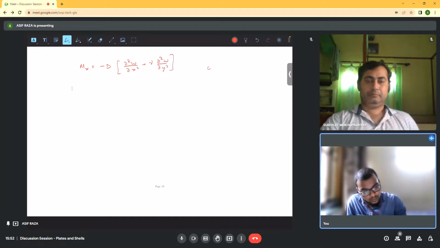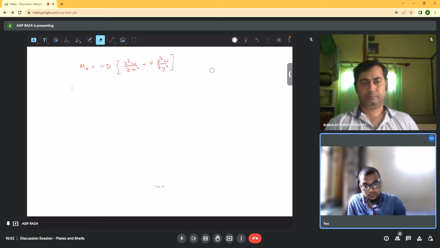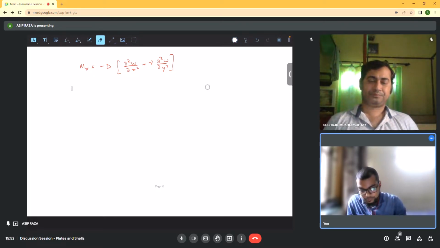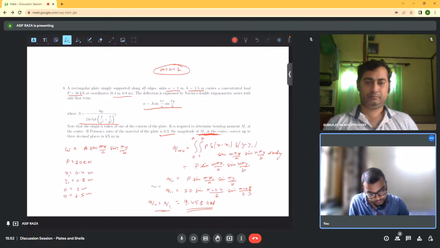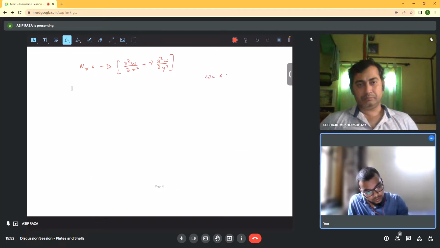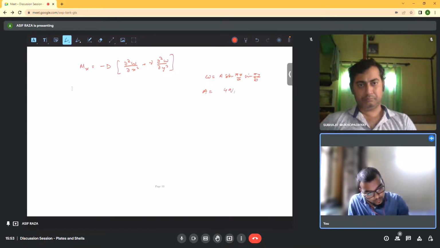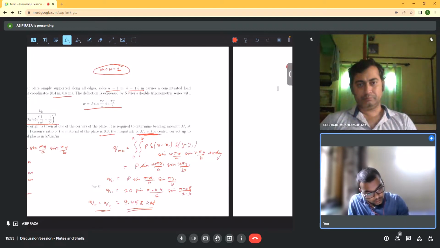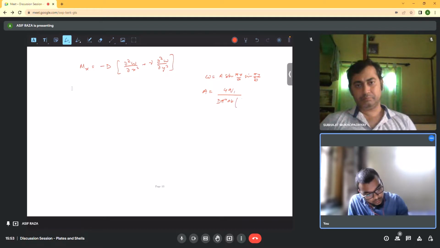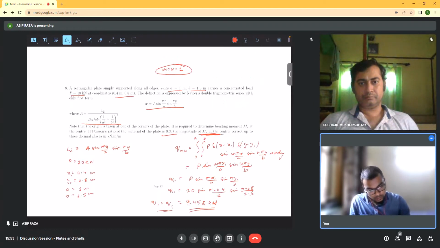We have w as A sin(pi x by a) sin(pi y by b), and the A value we have for q1 is q1 upon D pi to the fourth times (1 by a square plus 1 by b square) whole square.